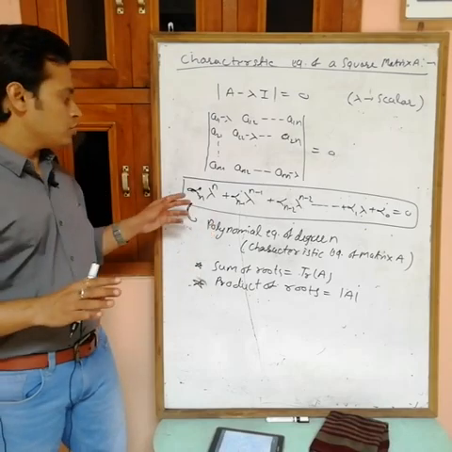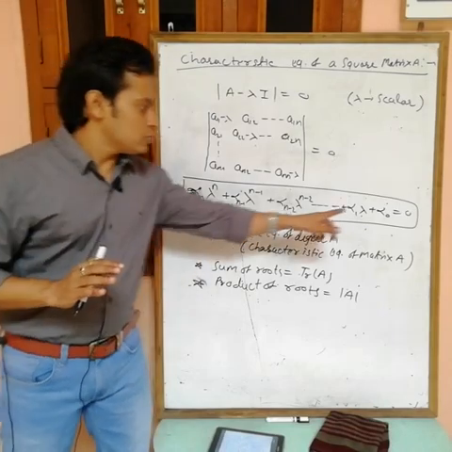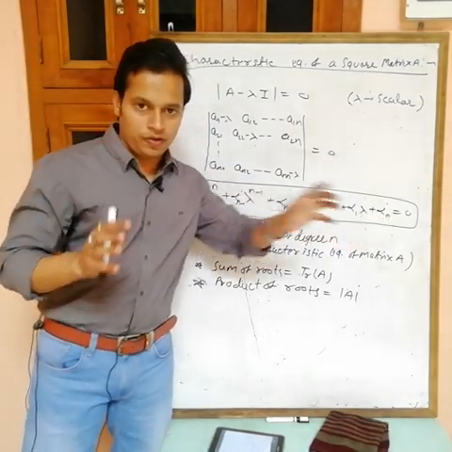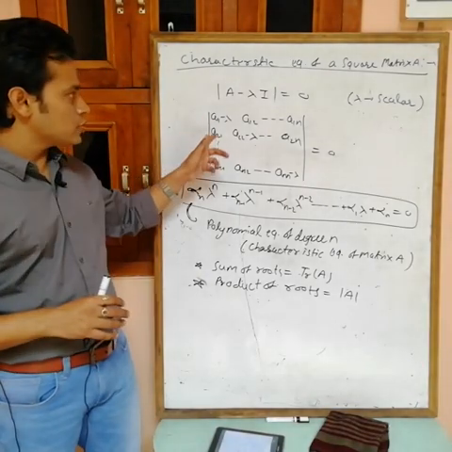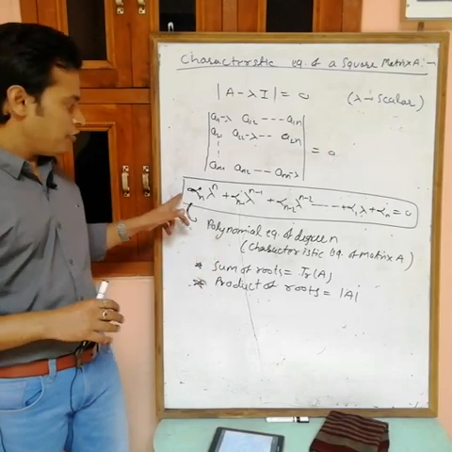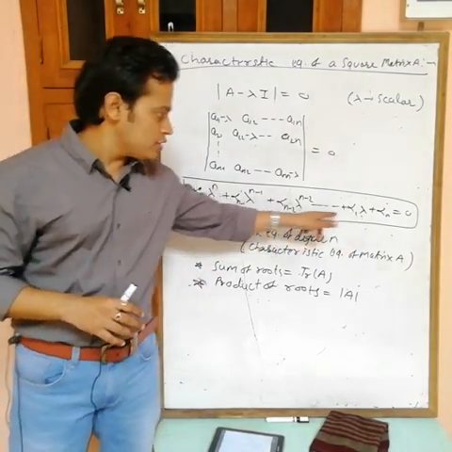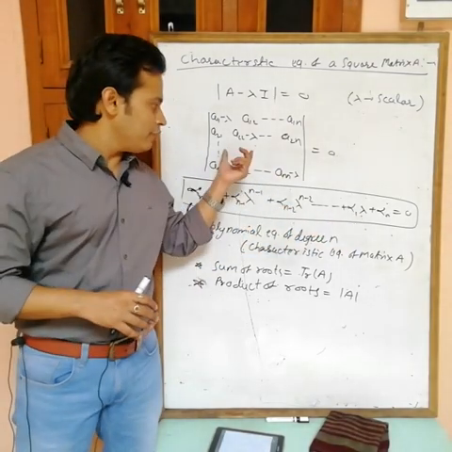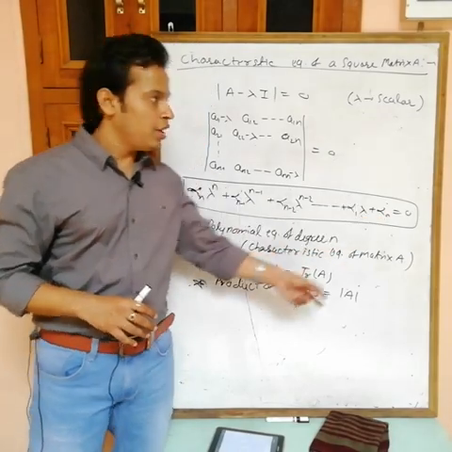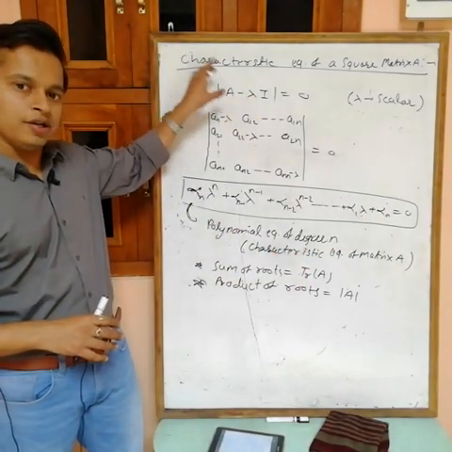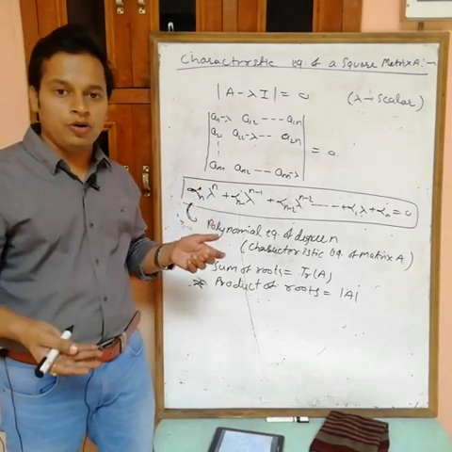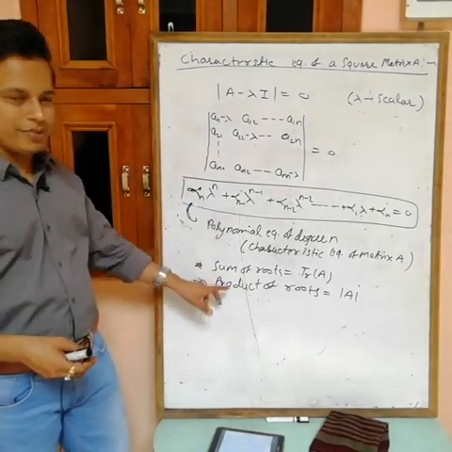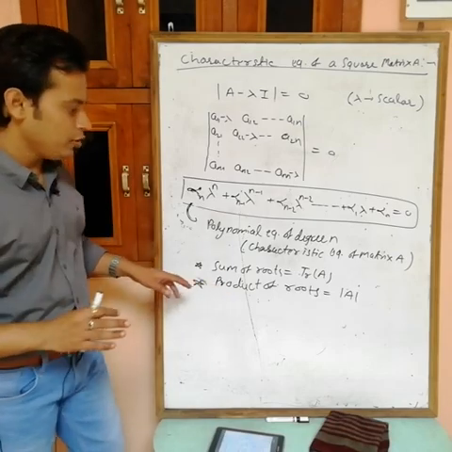Suppose this is equal to 1, so this is the value of determinant of A. Also put lambda equals to 0 in this one. All other terms become 0 and we get alpha 0, and on the other side we get determinant of A. So alpha 0 is equal to determinant of A. Just remember directly, or you can take any example to prove this.